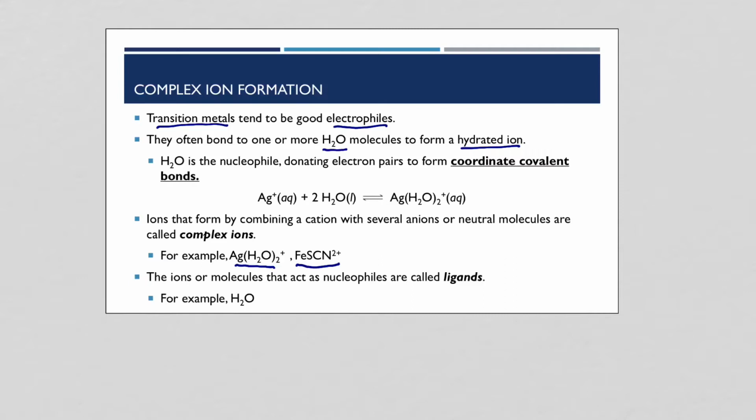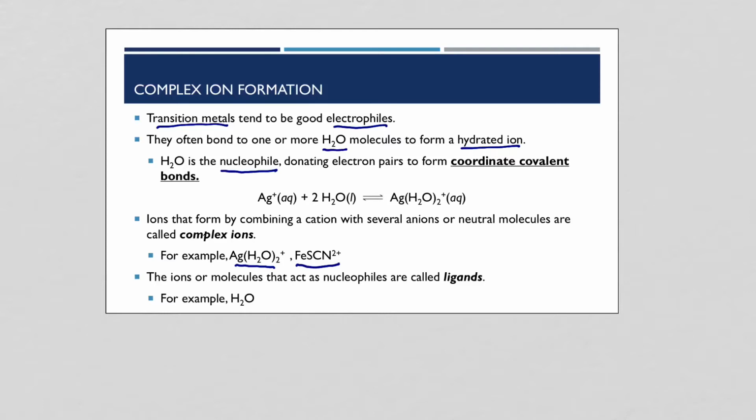Now, we can display this equilibrium as shown here. The water molecule acts as a nucleophile, meaning it's attracted to a nucleus or a positive charge, like the metal center, and it's donating a pair of electrons to the metal center, the electrophile.